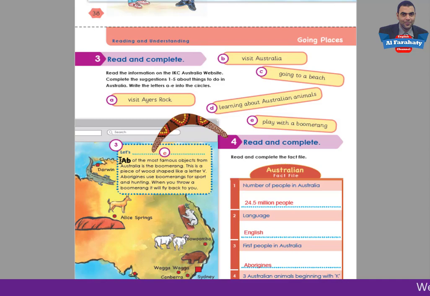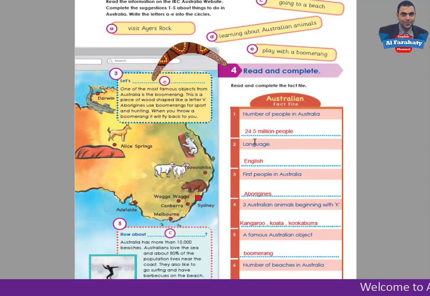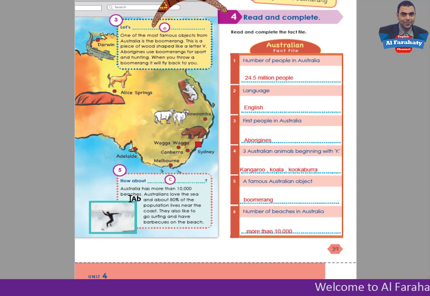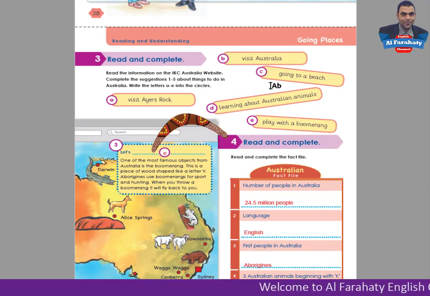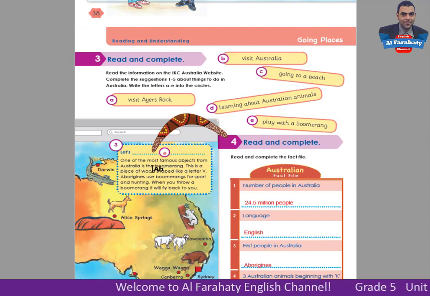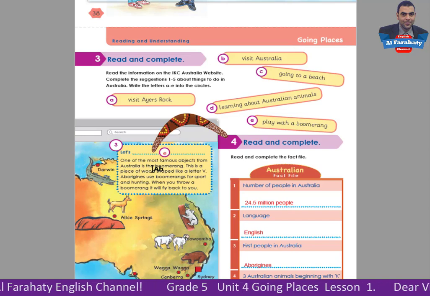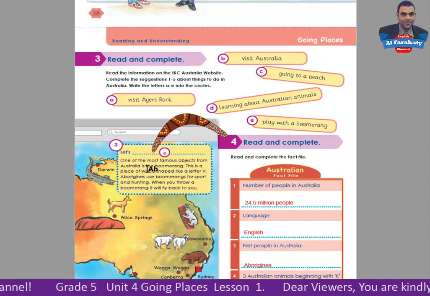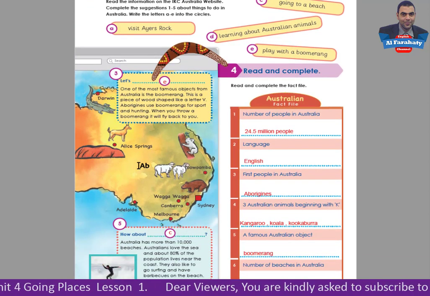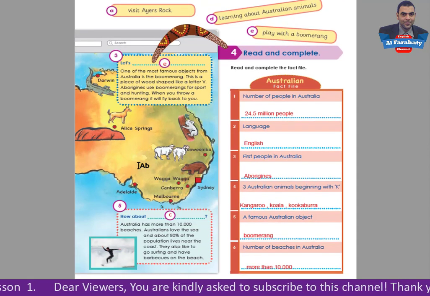Let's, for example, play with a boomerang. And also here, how about going to a beach? Inshallah, we will study making suggestions and how to respond to suggestions later in this unit. By this, we've achieved the aims of this lesson.